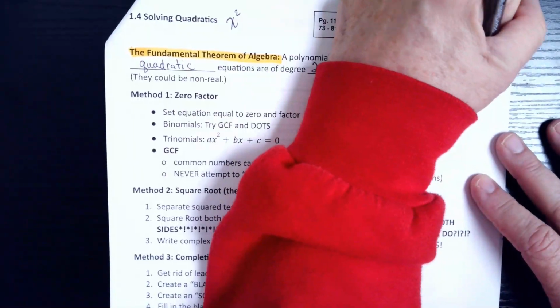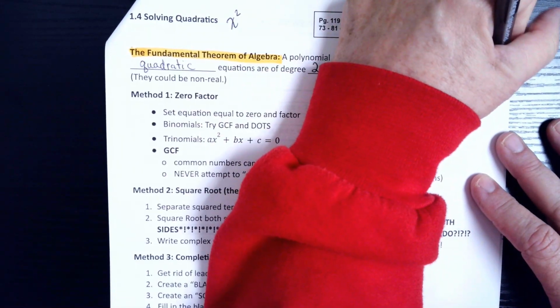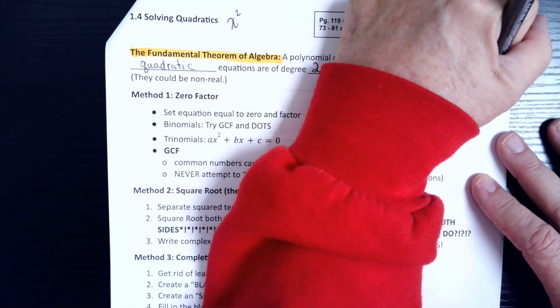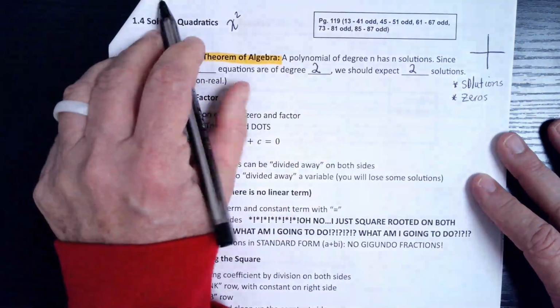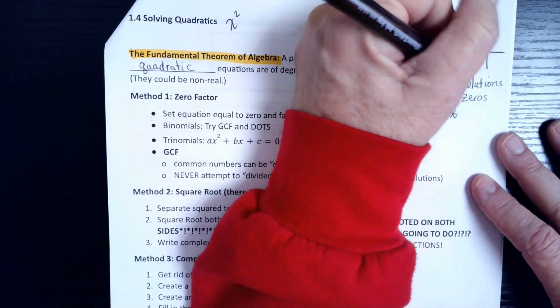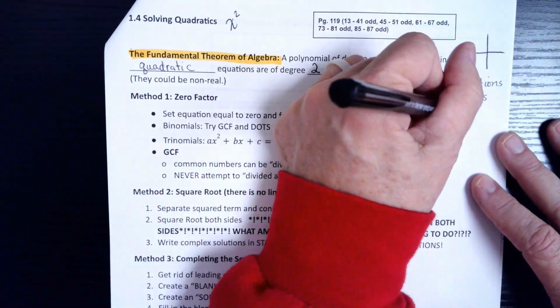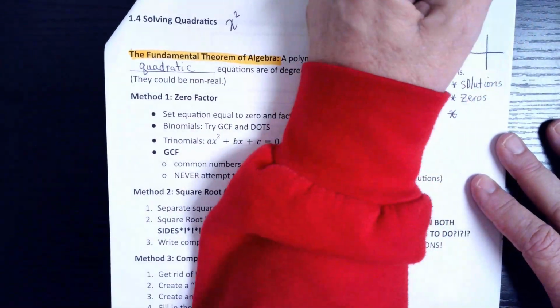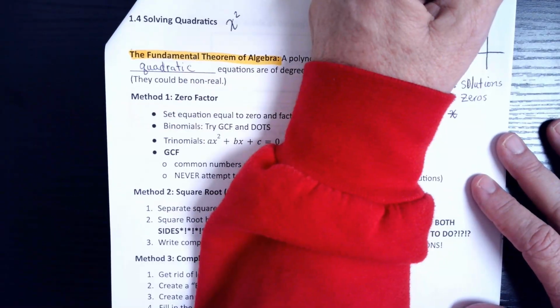Solutions are sometimes called the zeros. Do you remember maybe in Algebra 2 ever having to find the zeros? The zeros are where your graph hits the x-axis.